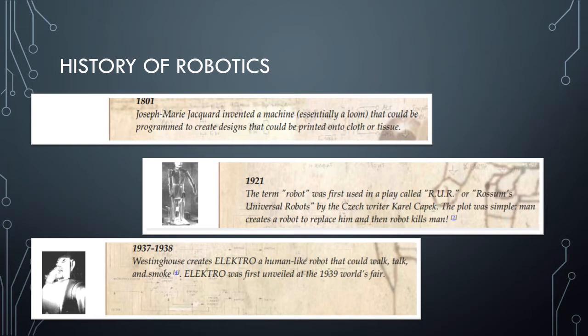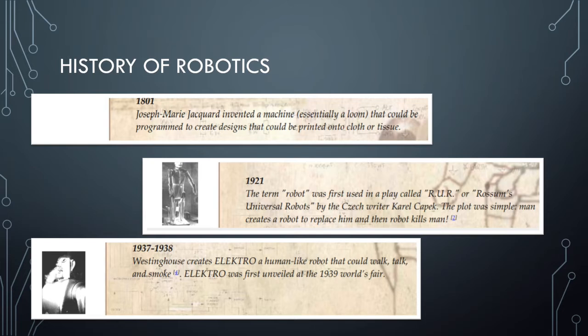In 1921, the term robot was first used by a Czech writer. It was not used as a scientific term by scientists, but in a play where the plot was about a man making a robot to replace him. So people were forming their ideas and conceptions about robots even then, in 1921.